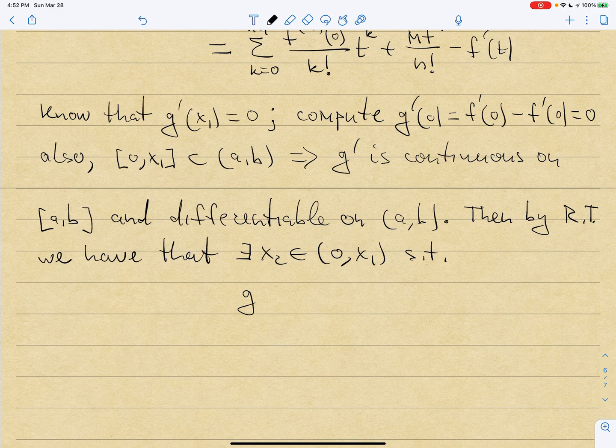The derivative of g prime is g double prime, so g double prime of x2 is 0. All right, so we know that.